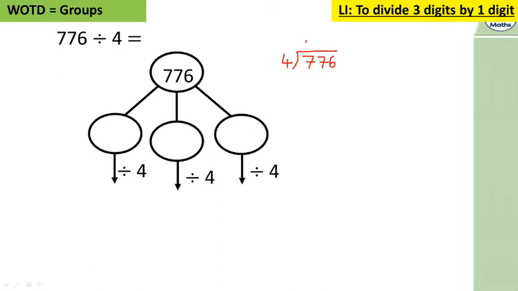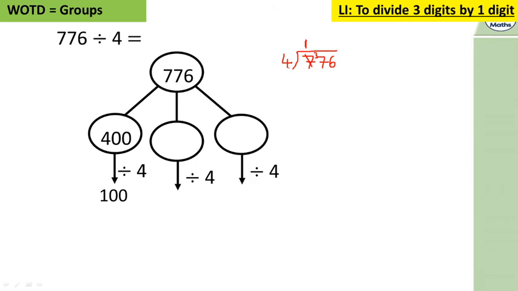We're going to have one lot of 4, because 4 times 1 is 4. 4 times 2 is 8, which is too big. So I've used 400 of the 700, which means I've got 300 left over. So 400 will divide exactly by 4 to give us 100. So now we have 376.